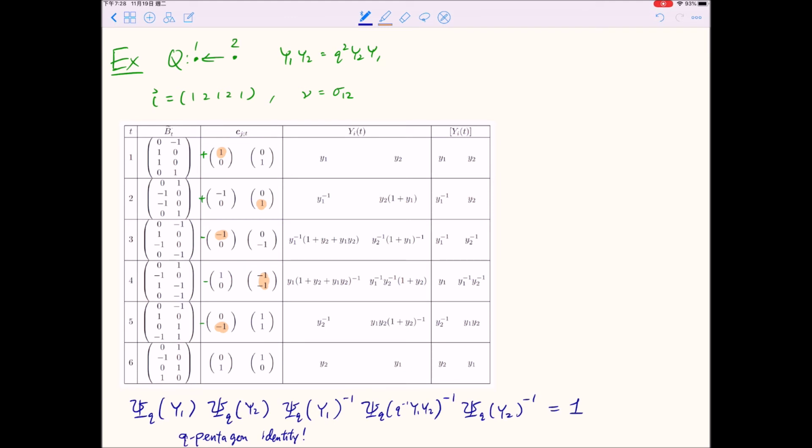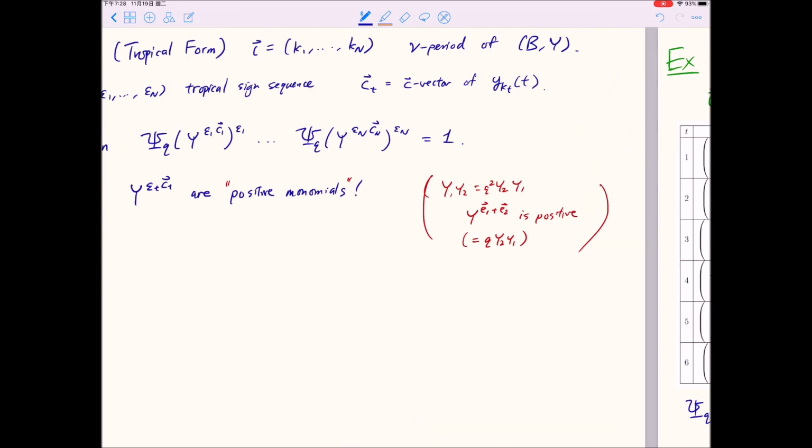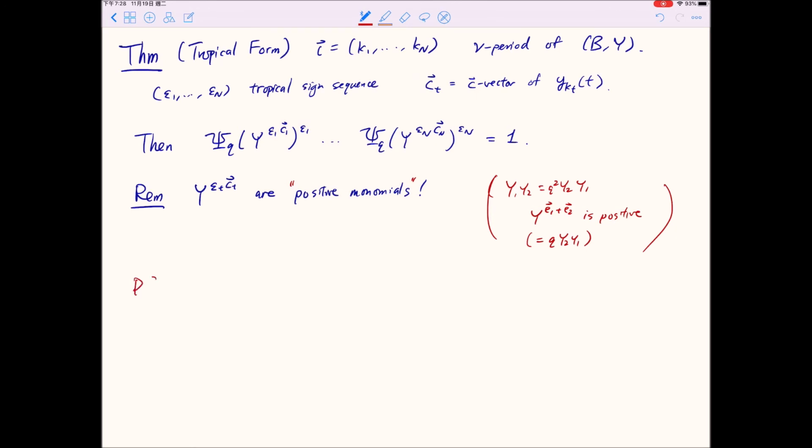So that's the basic example that everyone should start checking for the rank 2 case. The proof of this, let's say just the idea, follows from the fact that by definition of mu period, it is the same as saying that after that many quantum mutations, you will get the mutation action. But here you can change all the mutations in terms of the monomial part and the automorphism part.